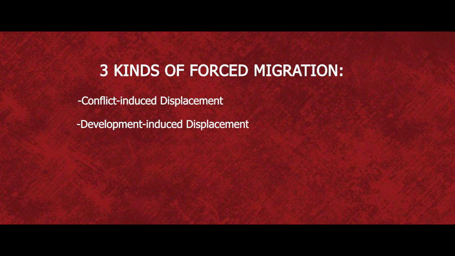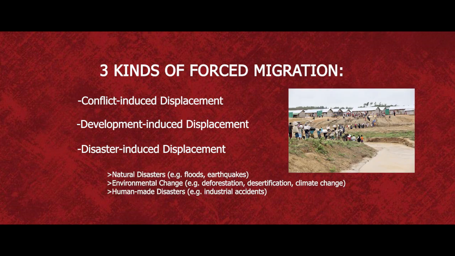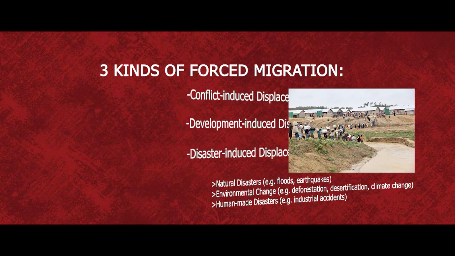The third type of forced migration is disaster-induced displacement. This covers people who are fleeing natural disasters, such as floods or earthquakes, environmental change, such as deforestation, desertification, and climate change, and human-made disasters, such as industrial accidents.